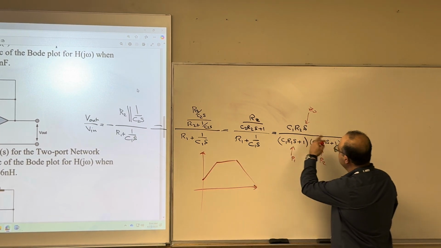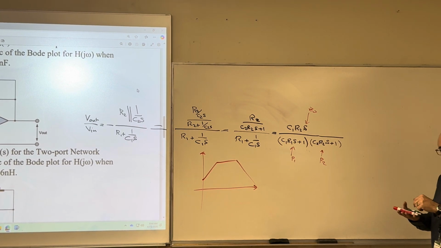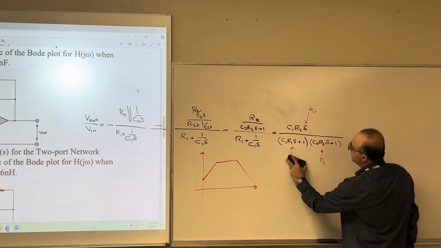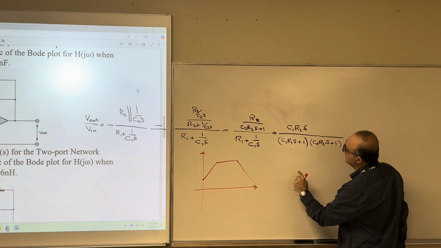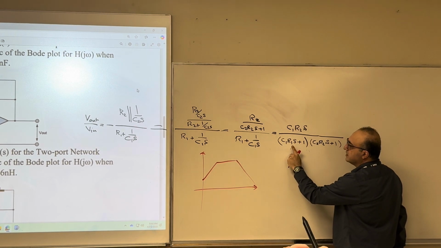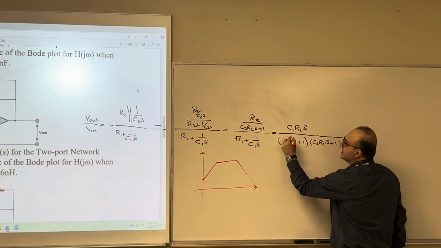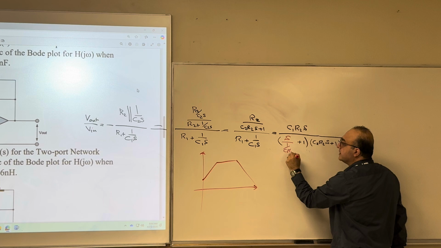But let's simplify it a little bit better, completely convert it to the standard form. It is kind of a standard, but let's make sure about that. Instead of C1 R1, in the form of frequency I can say S over C1 R1.